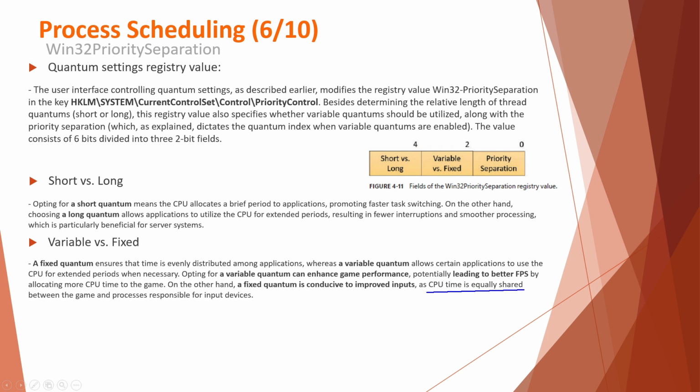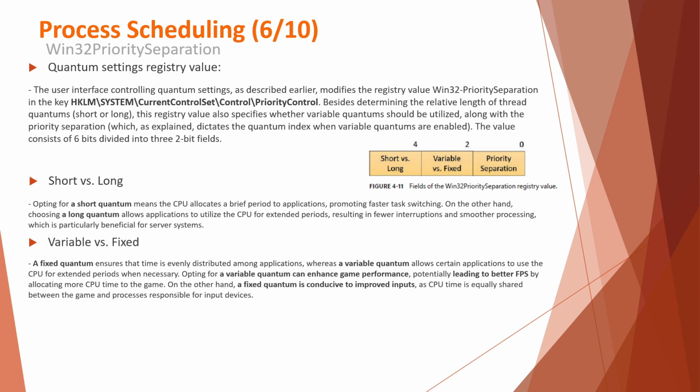This means if we have Fortnite, for example, as a process, and we also have the processes controlling your input devices like your keyboard, mouse, headphones, and microphone, the CPU time is equally shared, so the game process and the processes responsible for your keyboard, mouse, and so on get the same execution time.